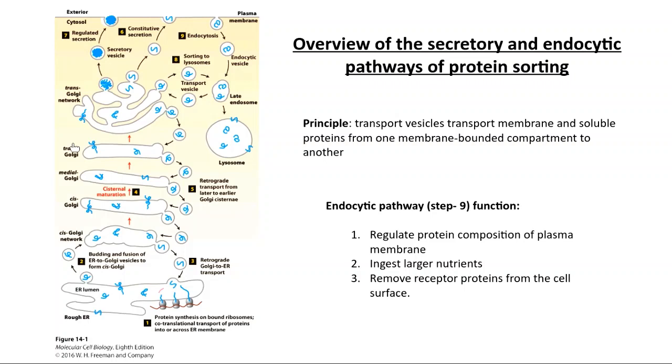Here there are certain enzymes specific to these components. Let's assume the cis Golgi, medial Golgi, and trans Golgi existed in the beginning of the creation.